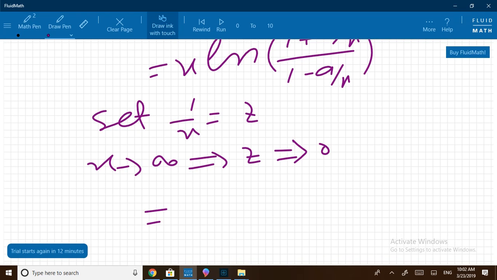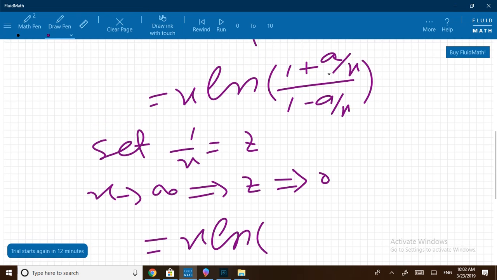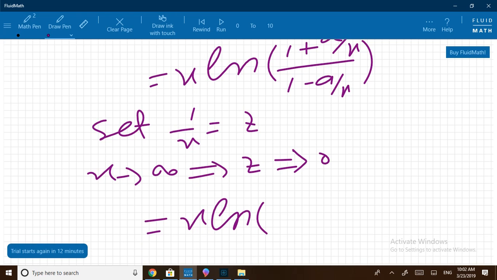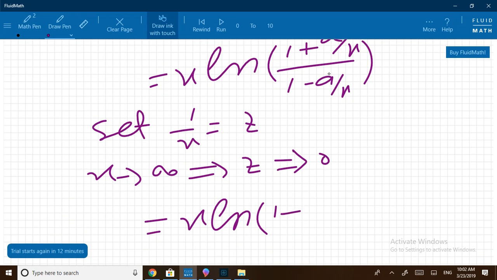The limit is obvious, I am not writing it, z approaches 0. So it is 1 plus az, 1 minus az.